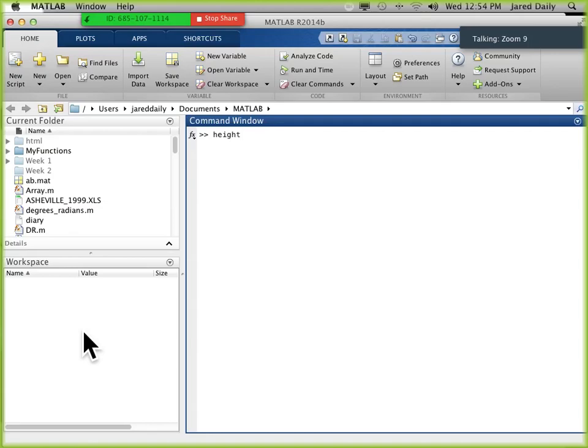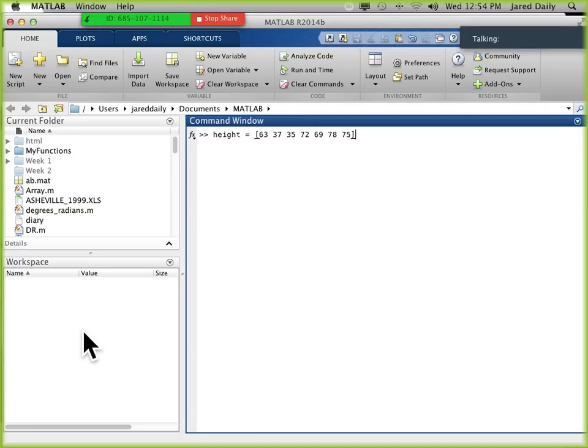Height. So we're going to define this height vector to equal a bunch of values: 63, 67, 65, 72, 69, 78, and 75.